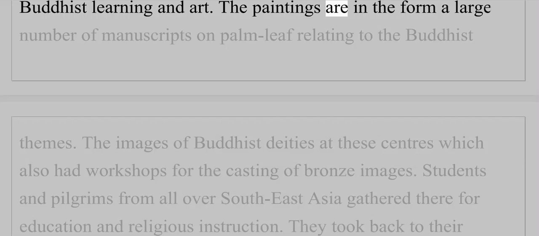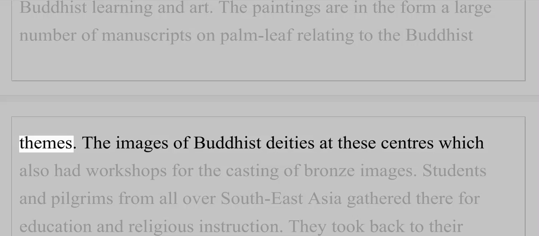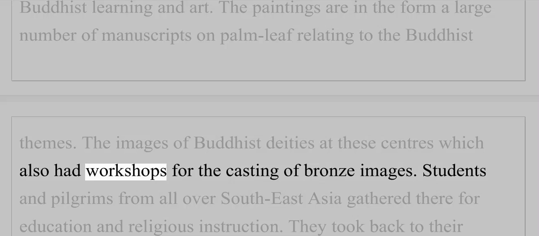The paintings are in the form of a large number of manuscripts on palm leaf relating to Buddhist themes. The images of Buddhist deities were made at these centers, which also had workshops for the casting of bronze images.